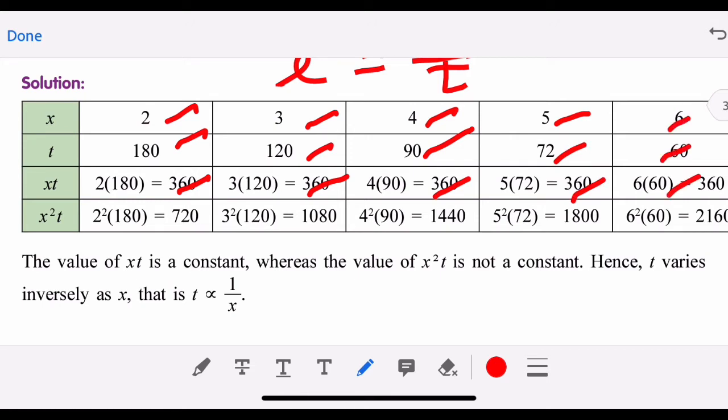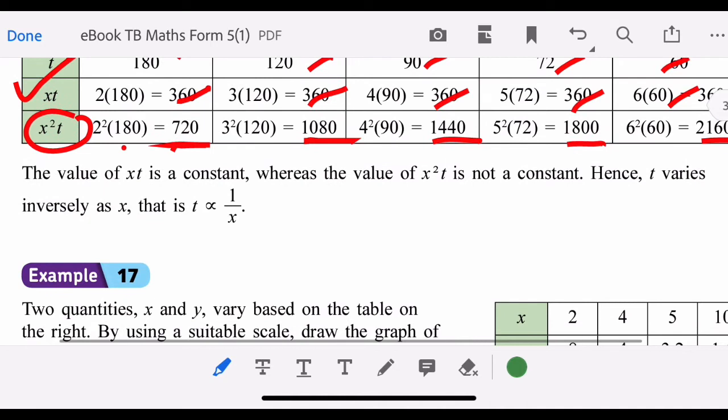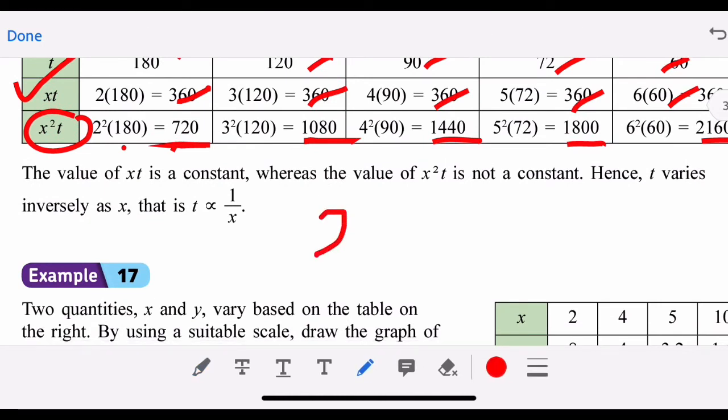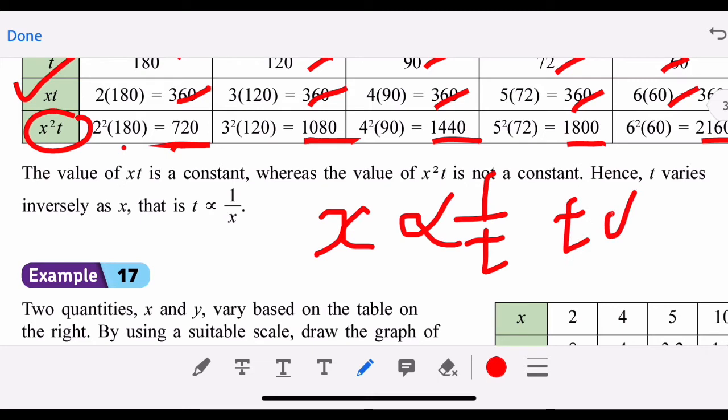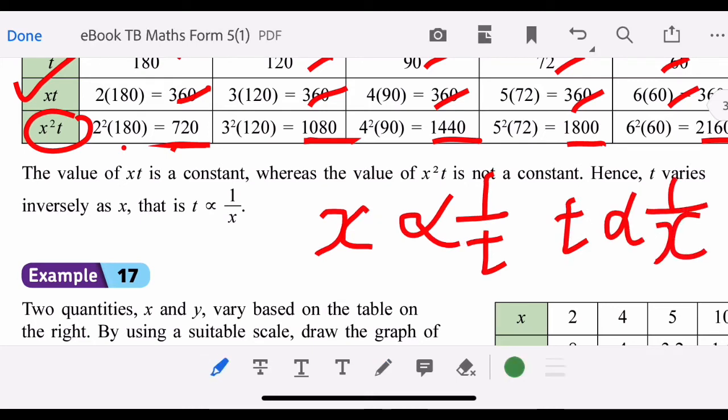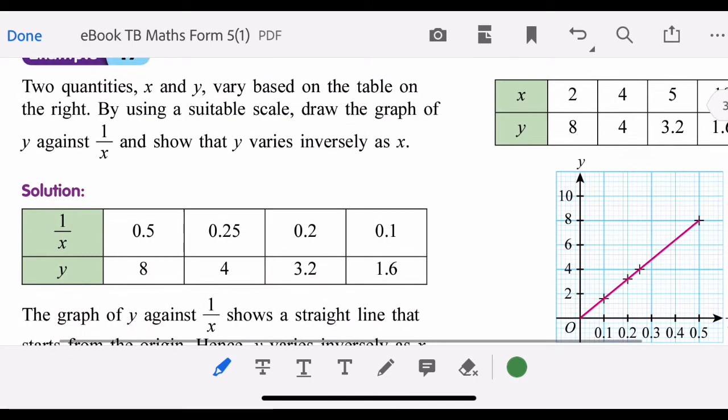The problem is if you take x squared times t, you get 720, 1080, 1440, 1800, 2160. We actually cannot observe a constant for this one. For the other one, yes, the constant, which is 360, remains unchanged. So we can say that x varies inversely with the time, or you can say time varies inversely with x.